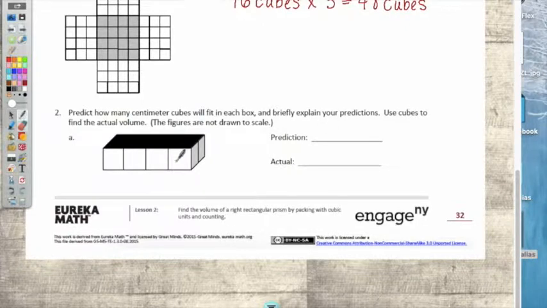So we're going to say 8 cubic centimeters. How'd you get 8, Samaja? Because there's 2 rows of 4. So, you know how it says briefly explain? I'll let you write that math problem. So you can write 4 cubes times 2 equals 8 cubes.